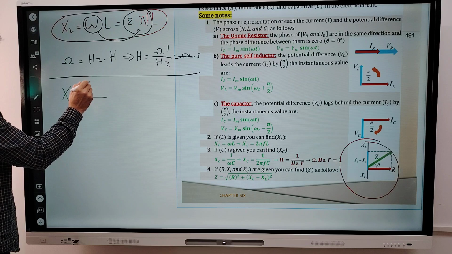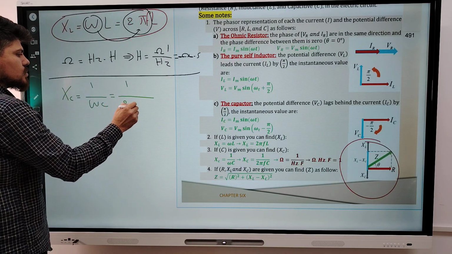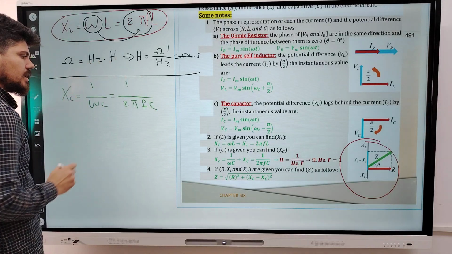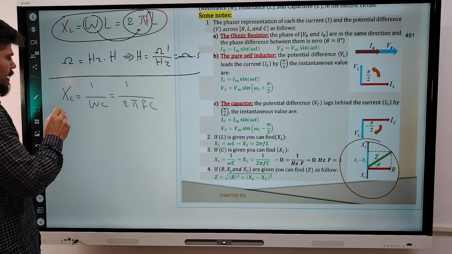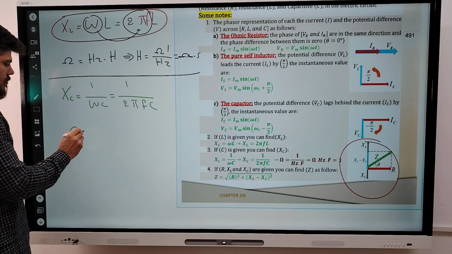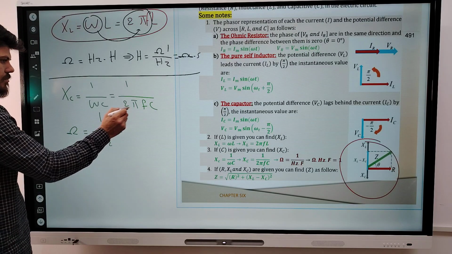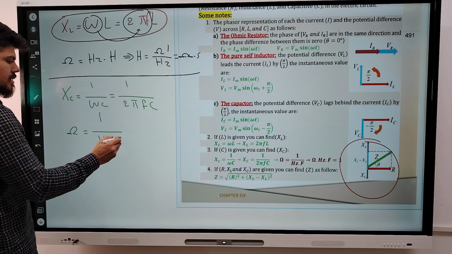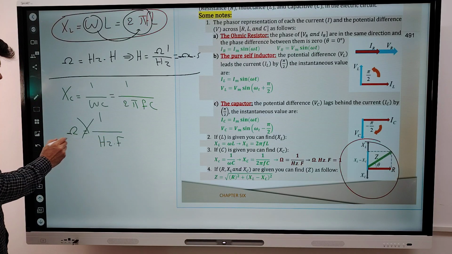XC is equal to 1 over omega C, or 1 over 2 pi F C. To prove the unit of the capacitive impedance, XC is measured in ohm, and 1 over hertz times farad. If you cross multiply, what do we have?